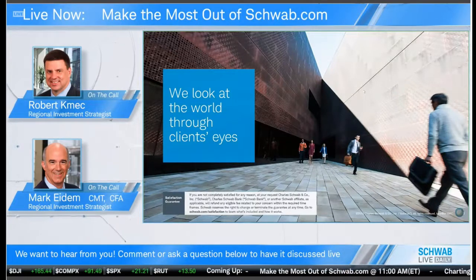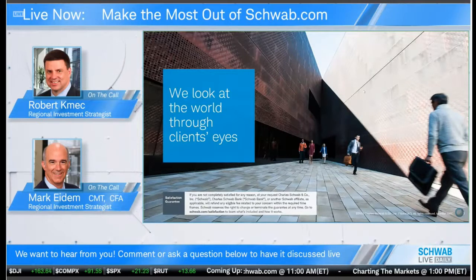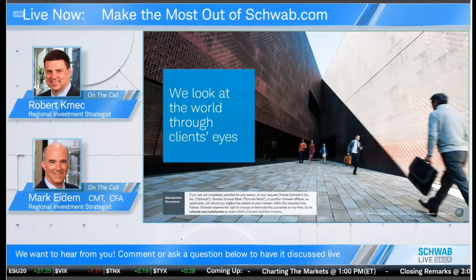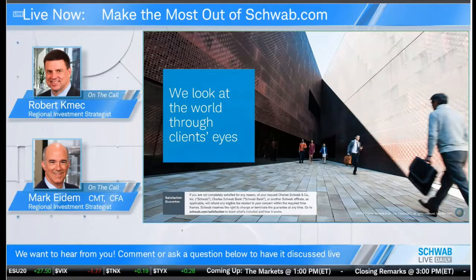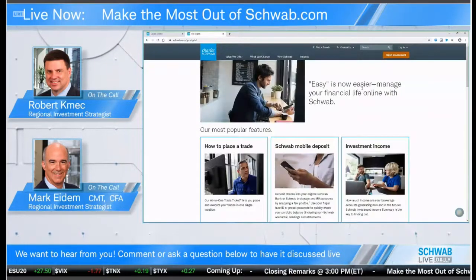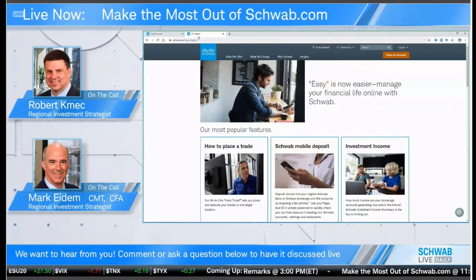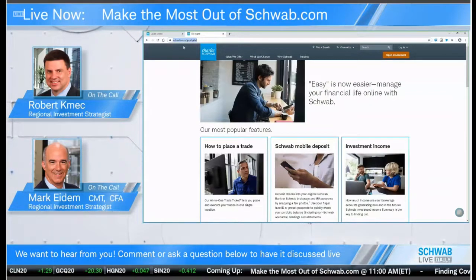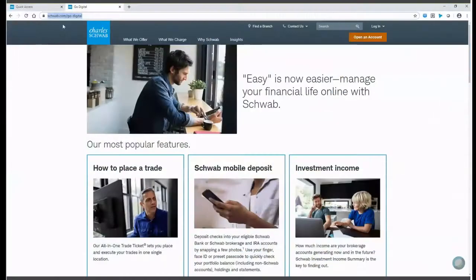So let us get started with what is available out there on the Schwab website, what's available for all of us electronically to make our lives easier. The first place I am going to stop is actually not on the Schwab website. If you notice up top, I'm actually going to show you a web page, schwab.com/go-digital.